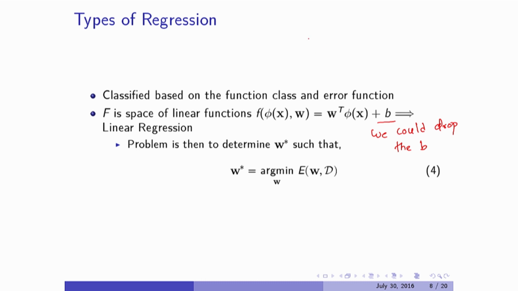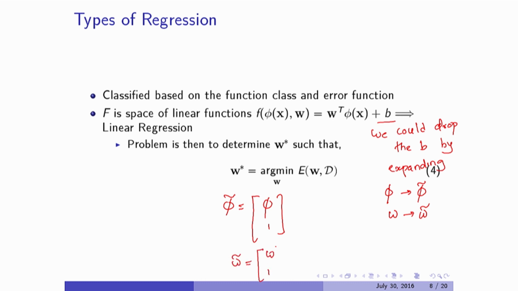Well, we can drop that b by expanding phi to phi tilde and w to w tilde. Now what is this phi tilde? Phi tilde is nothing but phi, but with a 1 padded at the bottom. W tilde is nothing but w with a 1 padded at the bottom. So please get comfortable with both the use of b and the dropping of b.